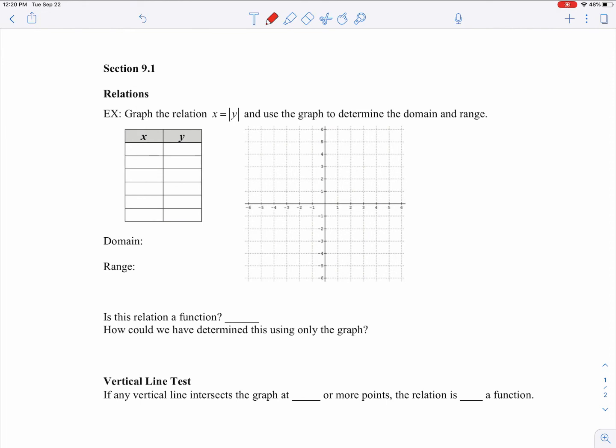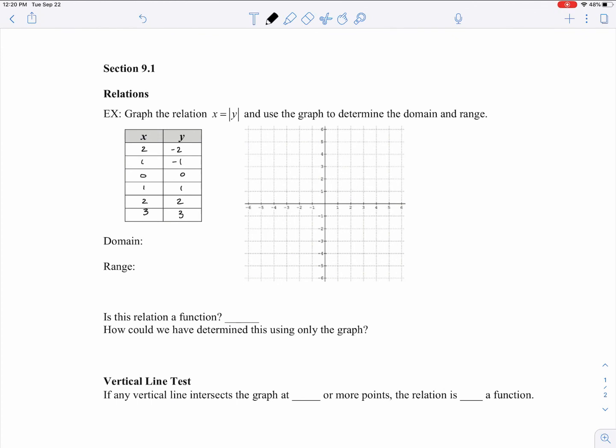Let's use a bunch of y values here maybe: -2, -1, 0, 1, 2, and 3. The absolute value in each of those cases is going to be 2, 1, 0, 1, 2, and 3.